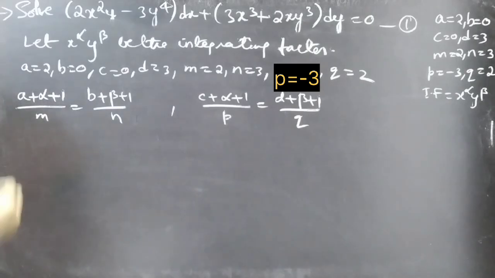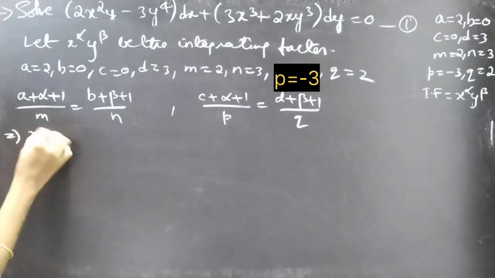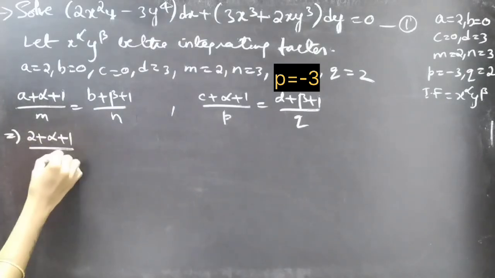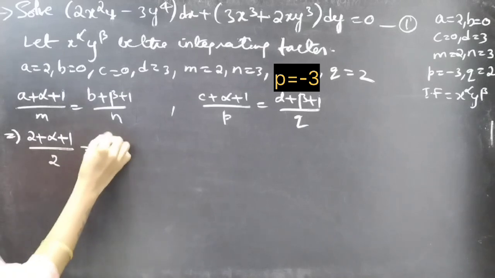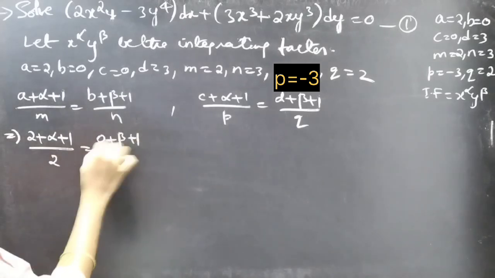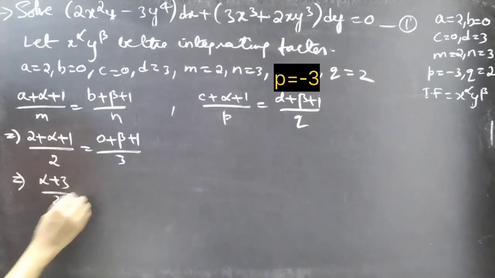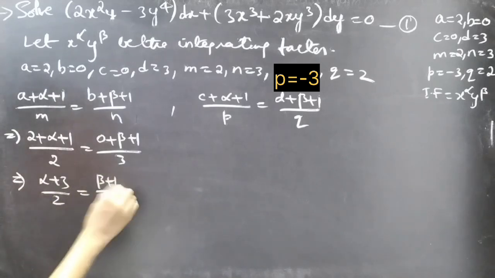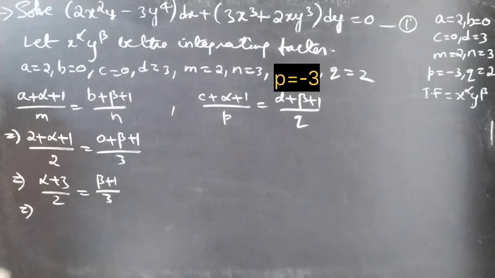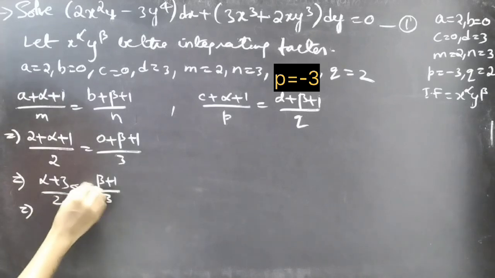Okay, now substitute the values. We'll have 2 plus alpha plus 1 by 2 equal to 0 plus beta plus 1 by 3, which gives us alpha plus 3 by 2 equal to beta plus 1 by 3, right? From this just make a cross multiplication.